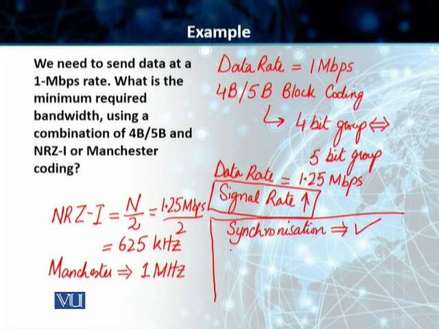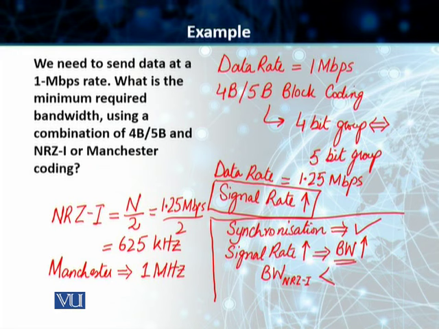Students, signal rate went up, which means that the amount of bandwidth required has also gone up, but we have seen that this amount of bandwidth required for NRZ-I is still lesser than amount of bandwidth required for Manchester.